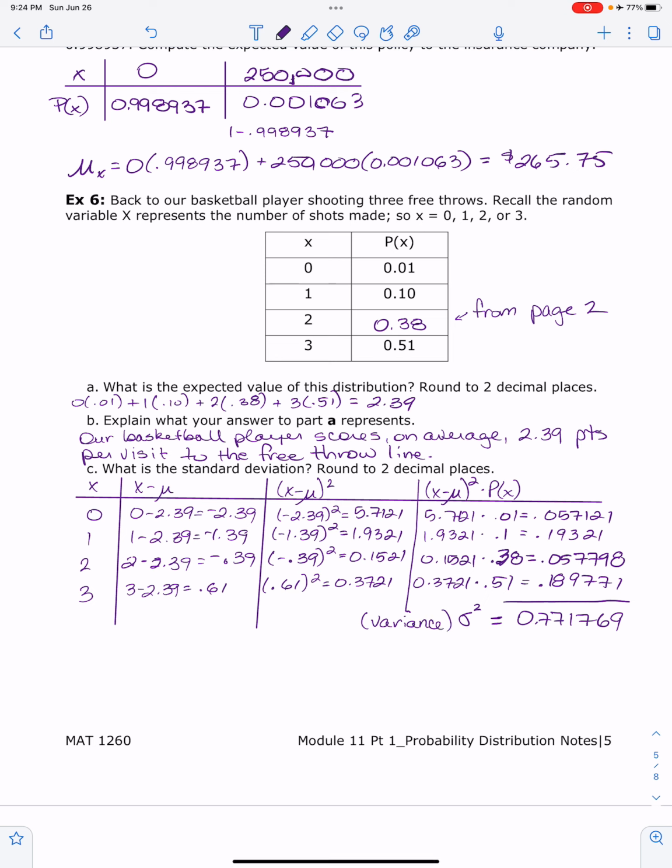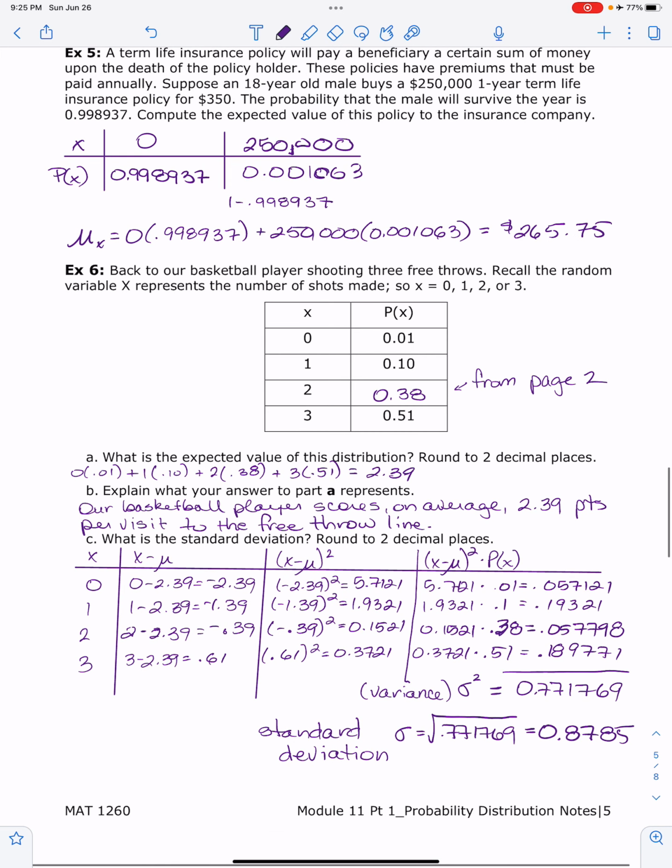To find our standard deviation, we take the square root of that, and we get 0.8785. So the average distance from our mean, that 2.39, is 0.8785.